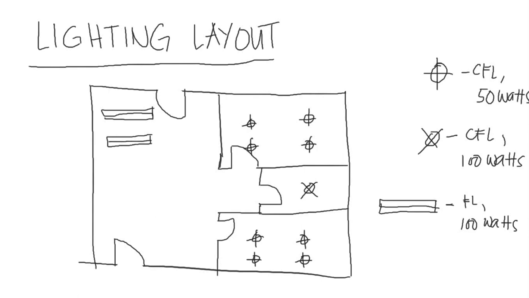So there it is, 2. And then in the dining area, I will be using 100 watts. And in the living area, I will be using 4 50 watts lamps plus a 2 lamp fluorescent.